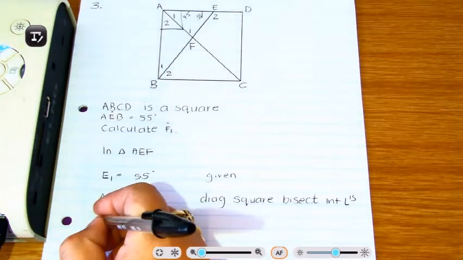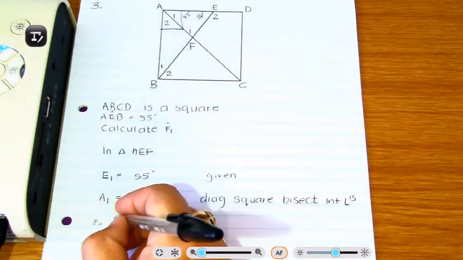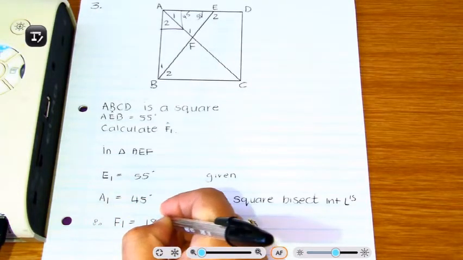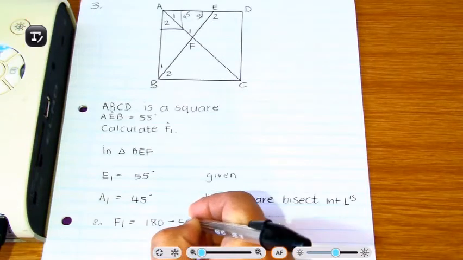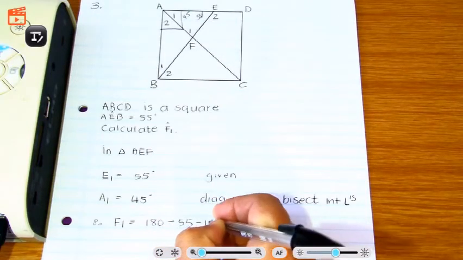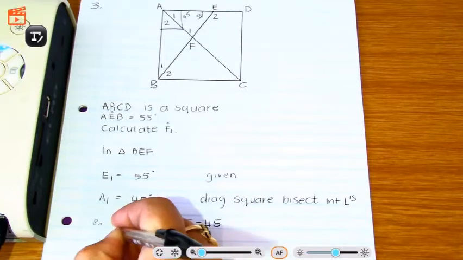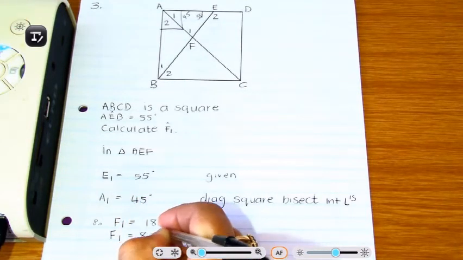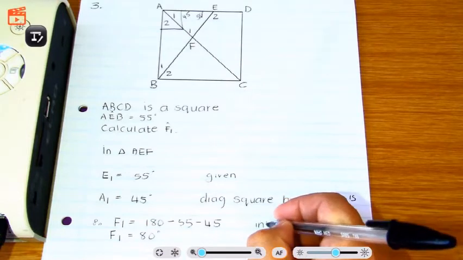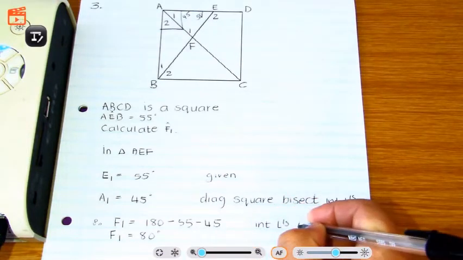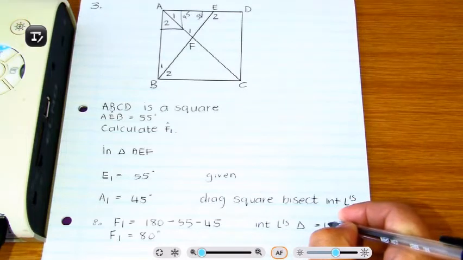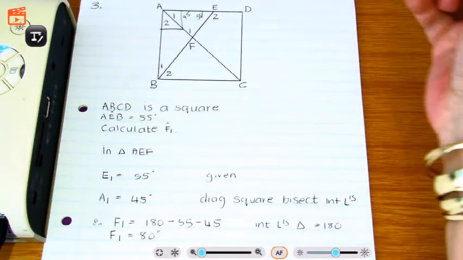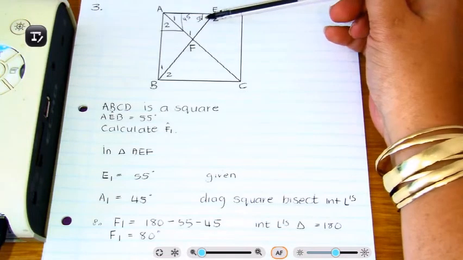So we can then say, therefore, F1 is equal to 180 minus 55 minus 45. So we get F1 is equal to 80 degrees. My reason: interior angles of a triangle are equal to 180. Okay, so just to recap, they told us that E1 is 55.